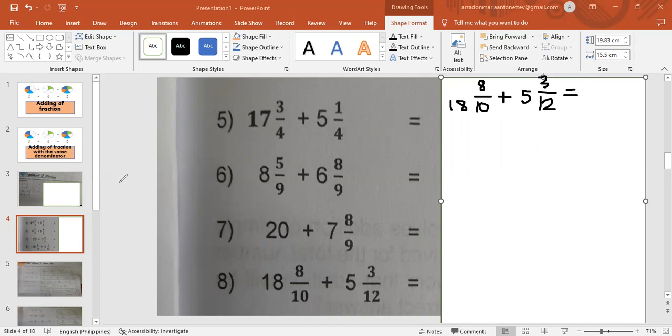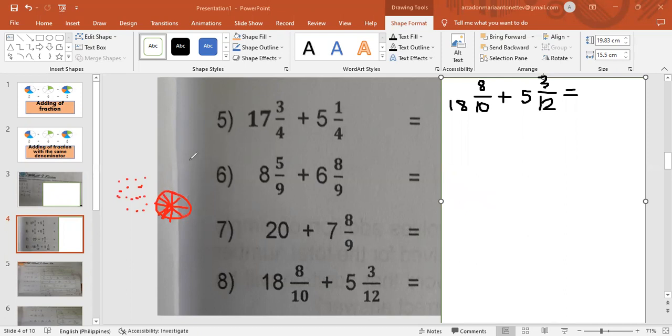You have 18. 1, 2, 3, 4, 5, 6, 7, 8, 9, 10, 11, 12, 13, 14, 15, 16, 17, 18. You have 18 pizzas. And one of your pizzas has 10 parts. Let's make 10 parts. 1, 2, 3, 4, 5, 6.